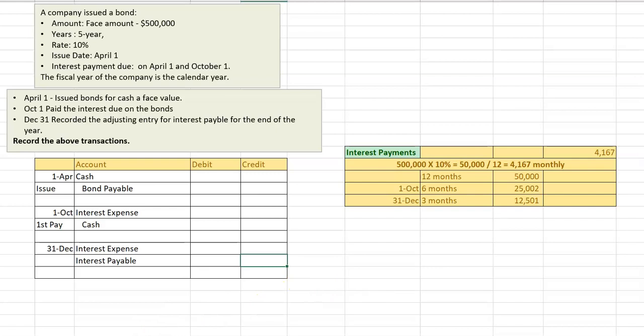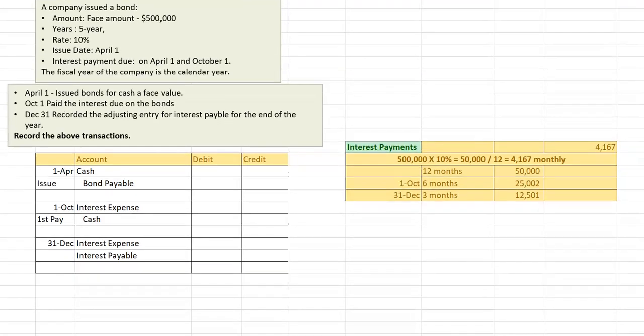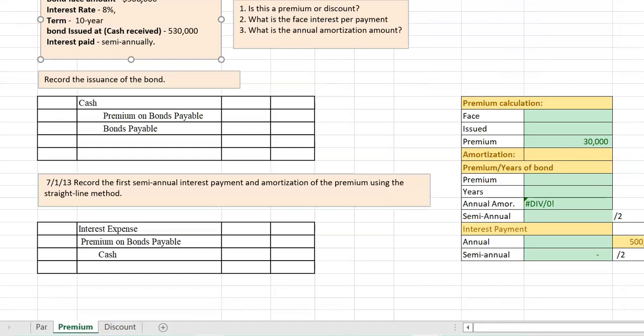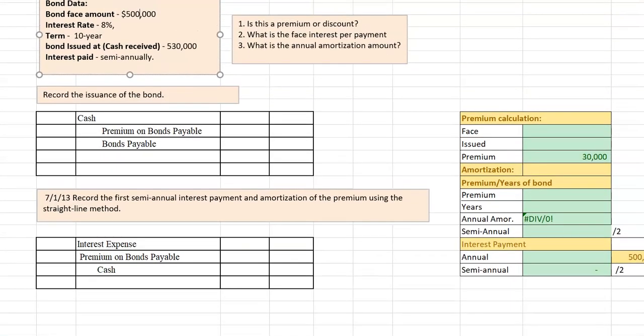Now let's move to the next one. Okay, so now we're doing premium. This one works a little bit different because we've got to do some calculations.